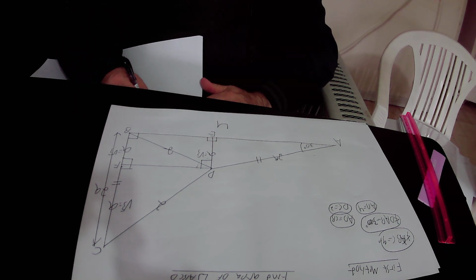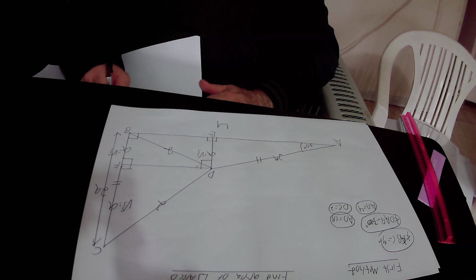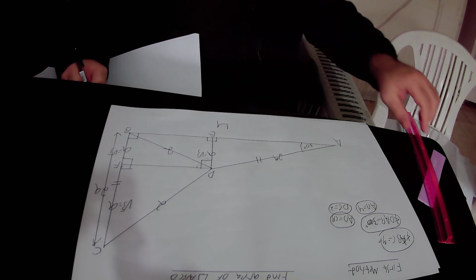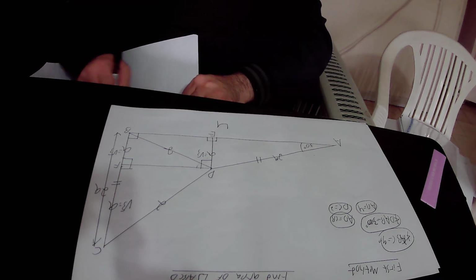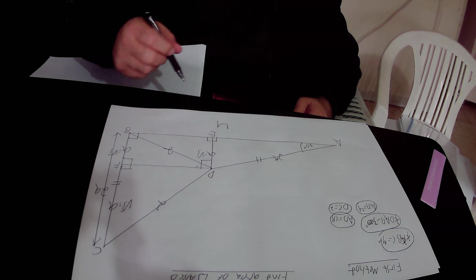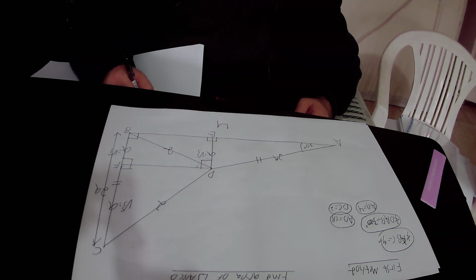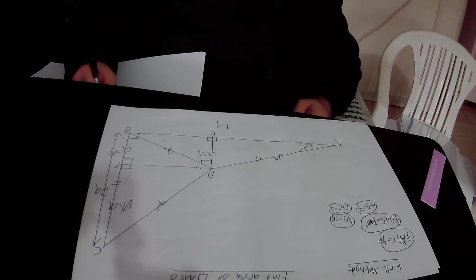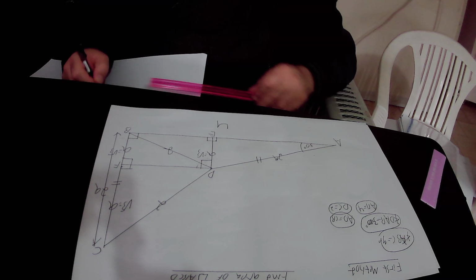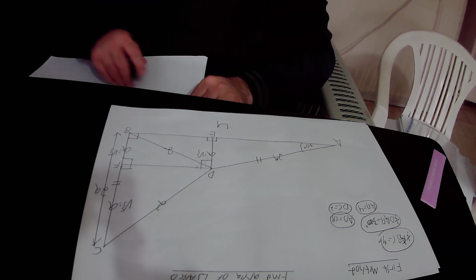On the right triangle DEB, according to the Pythagorean theorem, DE squared plus EB squared must be equal to DB squared. I'll repeat again.